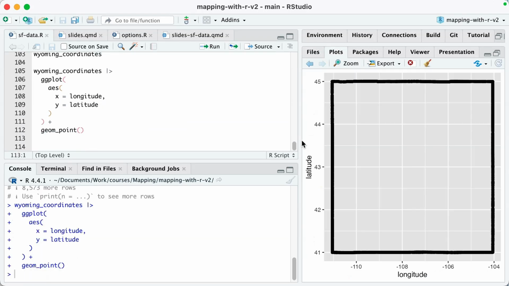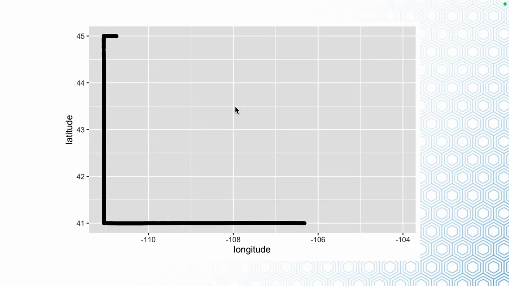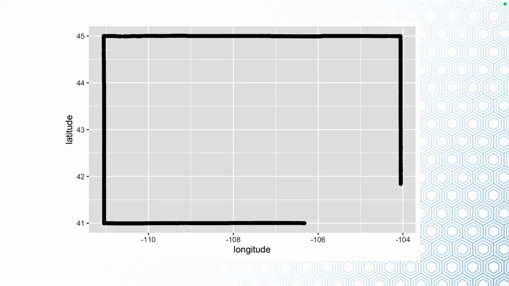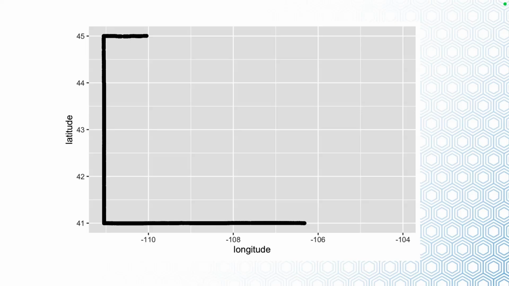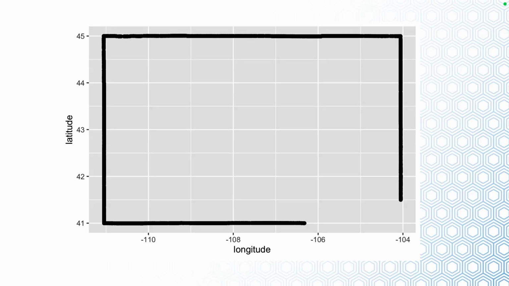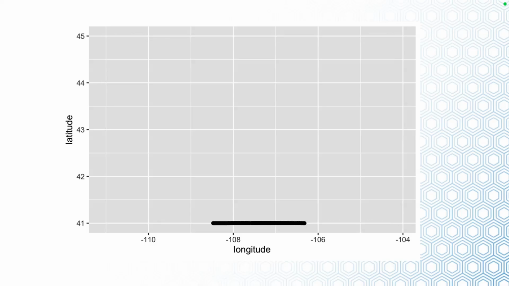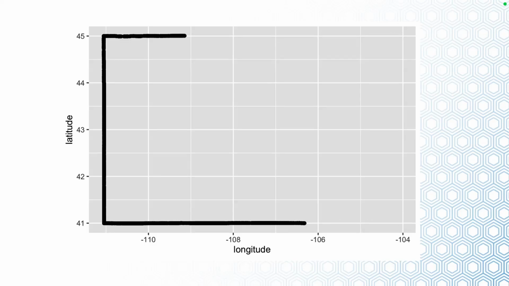And if I do that, you can see I've basically got the outline of Wyoming. An even cooler way to see this is with this animation that I've made, which shows the points being added to the map. You can see how, one by one, we add these points to the map, and then, actually it's not happening here, but you could draw a line between them, which is exactly what geom_sf does. That's how that geometry column gets used to make plots.